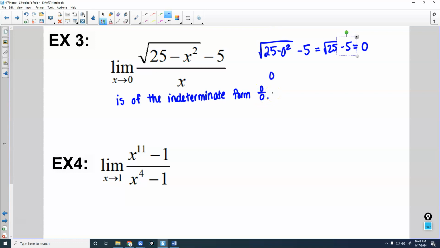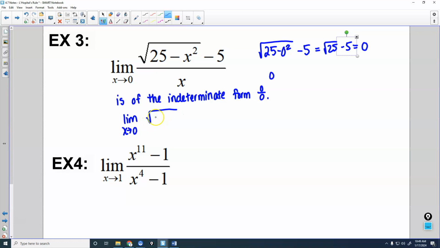So rather than saying it equals 0 over 0, we're saying it is of the indeterminate form 0 over 0. So we can do limit as x approaches 0. So that's your other option other than doing the limit of the top and bottom separately.